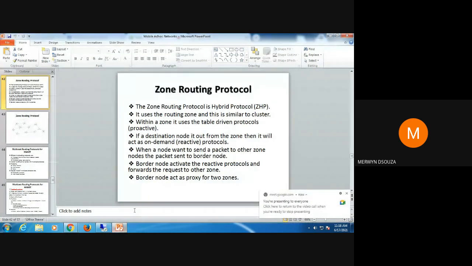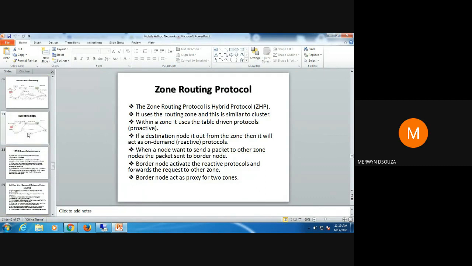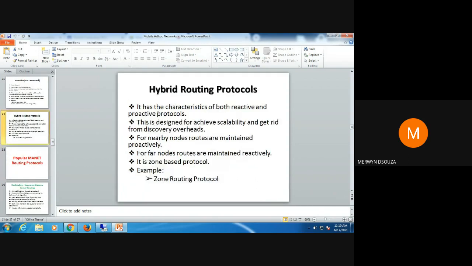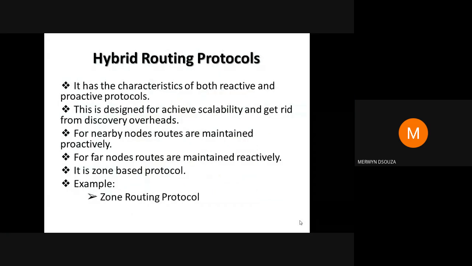Okay, then let's go to the third type of algorithms that we are going to study, and that is zone routing protocol. Zone routing protocol is a hybrid kind of protocol. Like we studied previously, hybrid protocols have characteristics of both reactive as well as proactive protocols.